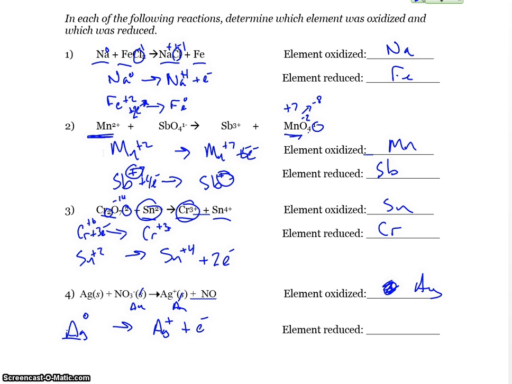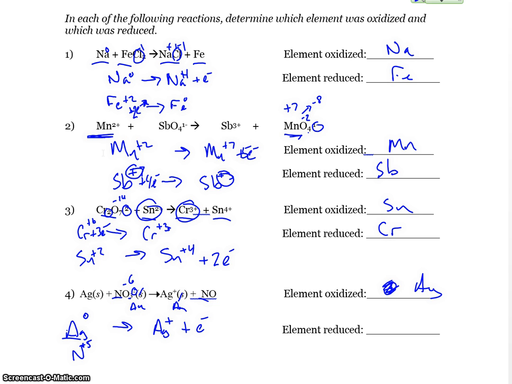Now oxygen, it's going to be -2 in both of them, so let's take a look at what's happening to our nitrogens here. On the left-hand side of our equation, we've got 3 -2s, that'll give us a -6, and we need to have something to add up to a -1. So what plus -6 will give you -1? Well, that's going to be 5.